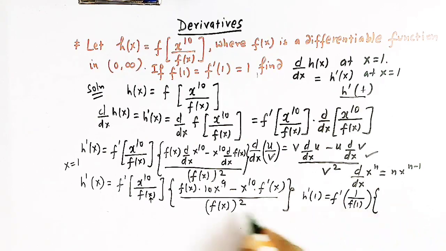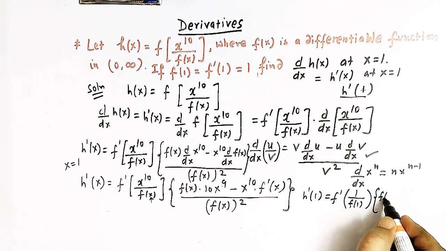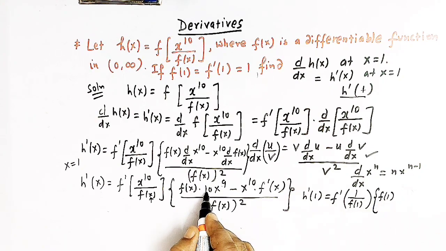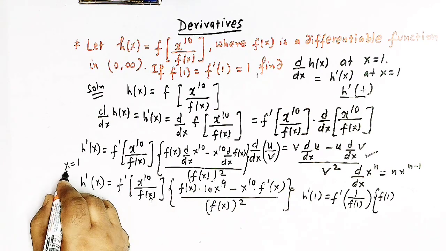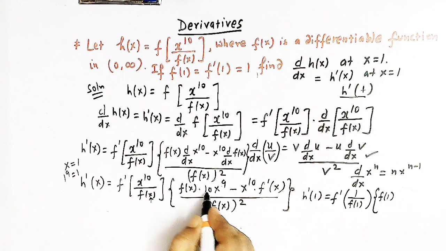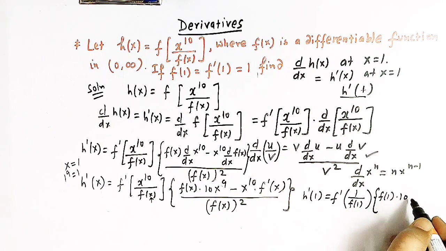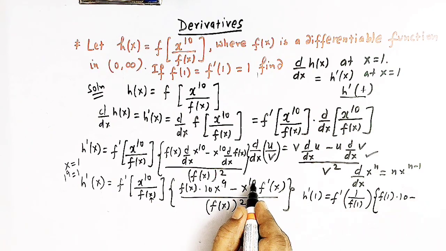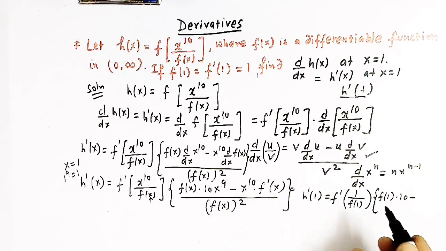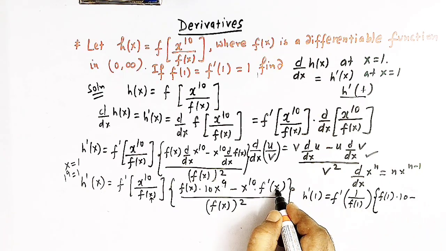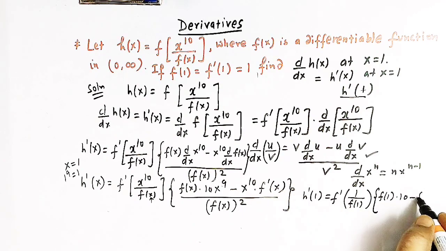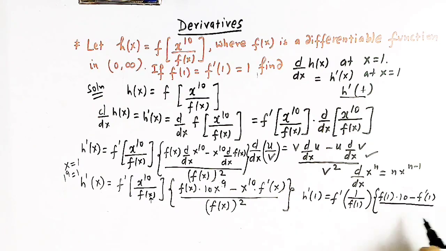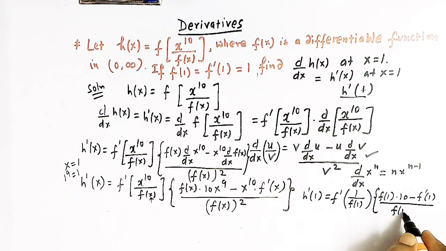Then here we have f of 1, and 10 times x raised to 9. When x is 1, 1 raised to 9 is 1, so here we have simply 10. Then here we have 1 raised to 10, that is equal to 1, and x is equal to 1, so this is simply f prime of 1, right? And in the denominator we have f of 1 square, right?